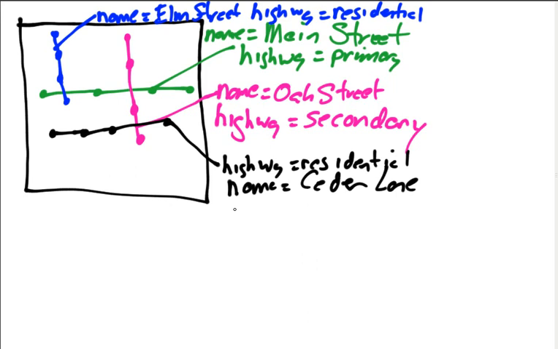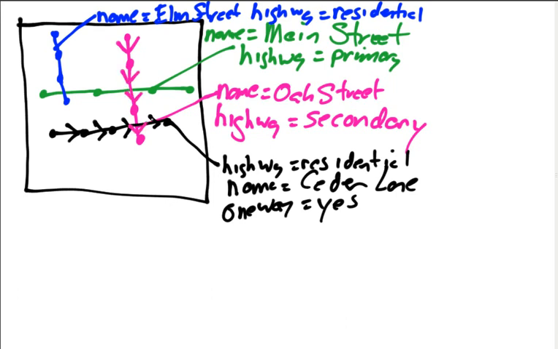So the tag for that would be oneway equals yes. And let's draw little indicators on our example to indicate that this is a one-way street. And let's also say that Oak Street is also one way.